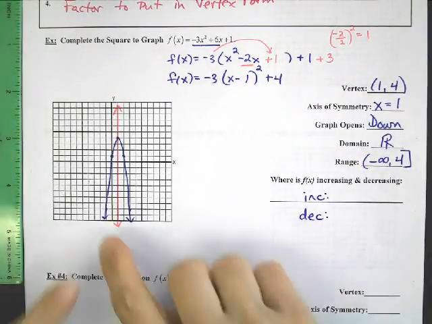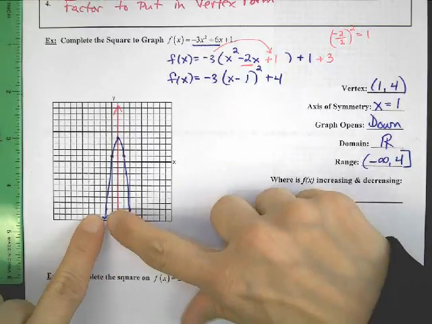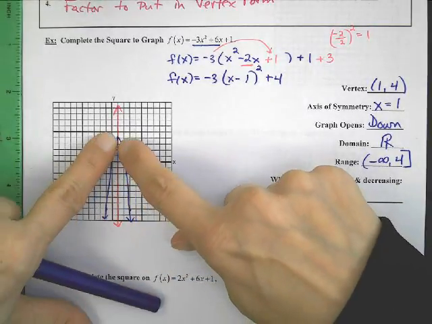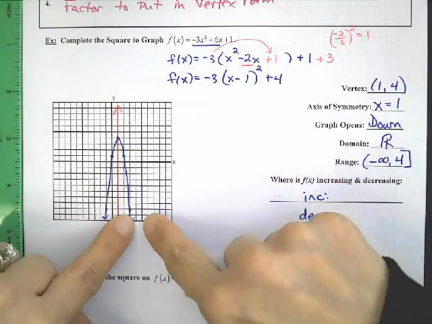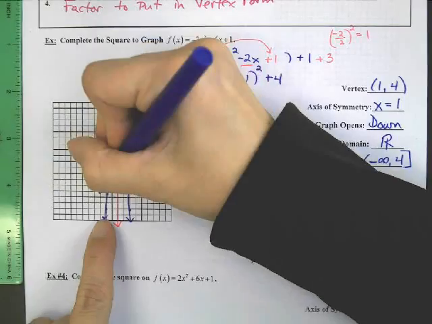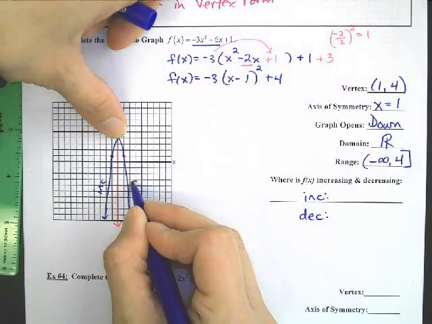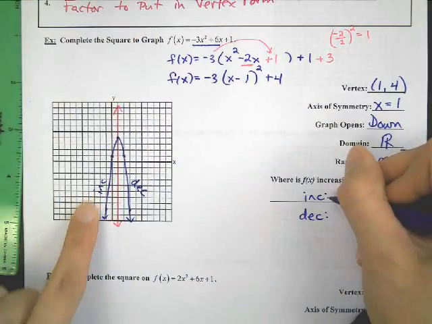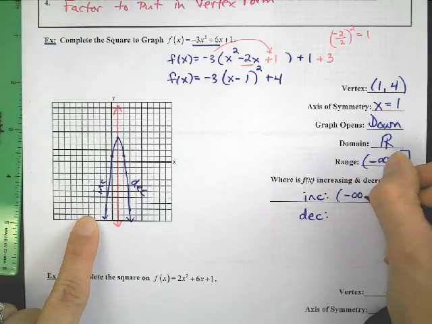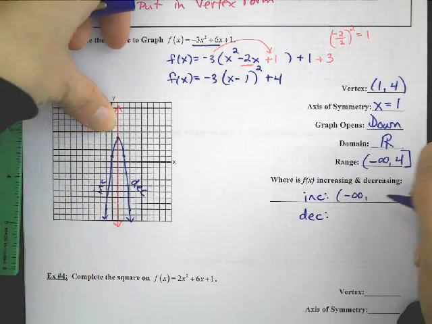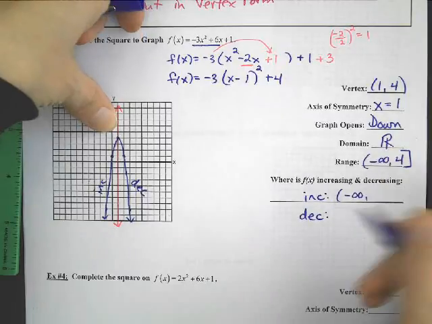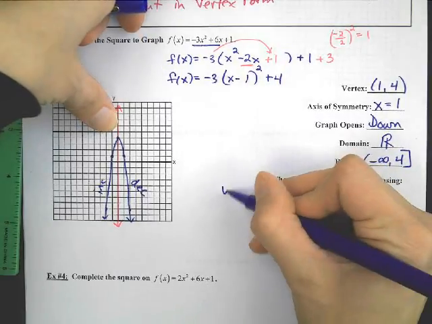So let's go look at this. Starting on the left-hand side, this parabola goes up, up, up, up, up, and then down, down, down, down. So he only has one section here. This section is increasing, and then this section here is decreasing. So he's increasing from negative infinity all the way up to, how do you state intervals of increasing and decreasing?